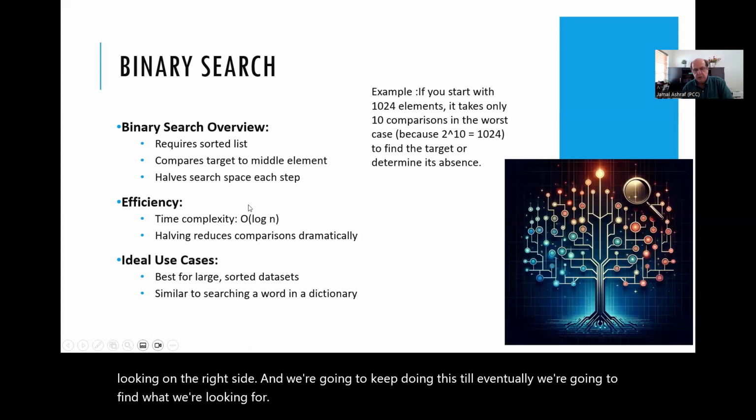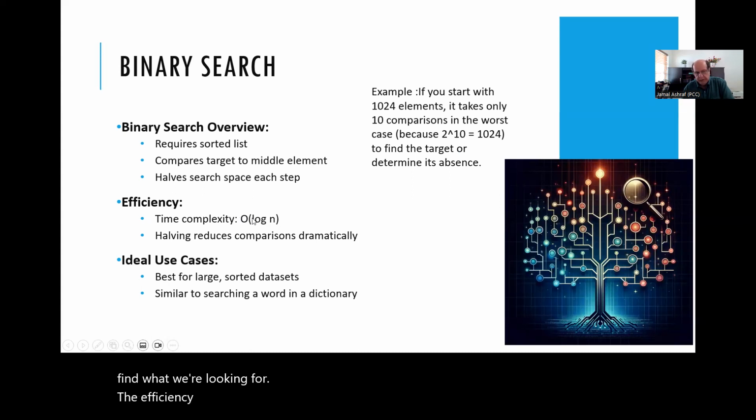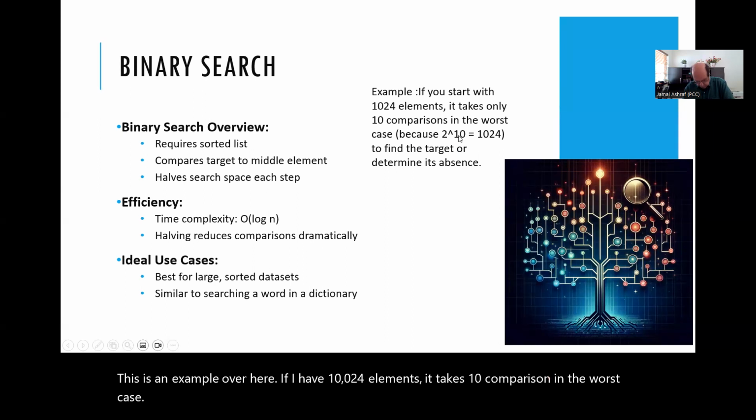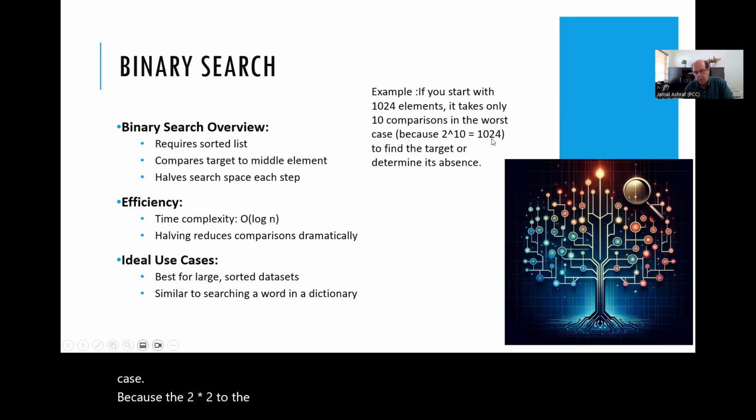The efficiency is big O log n, meaning, for example, if I have 1,024 elements, it takes 10 comparisons in the worst case because 2 to the power of 10 is 1024.